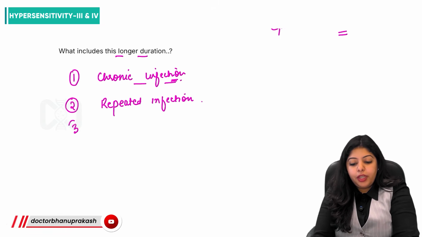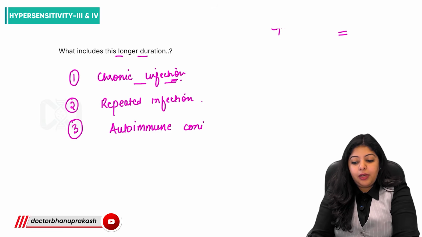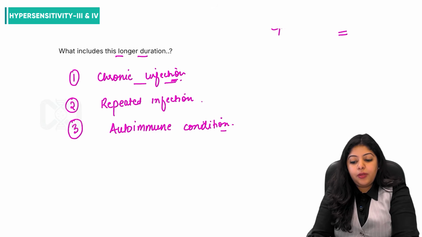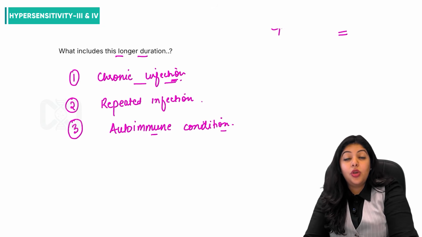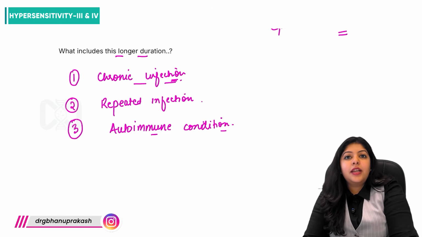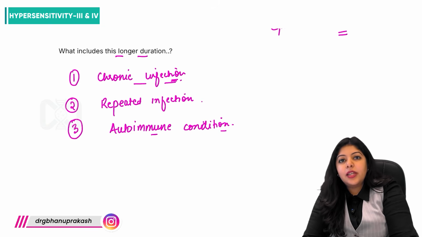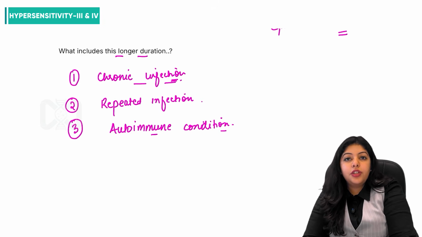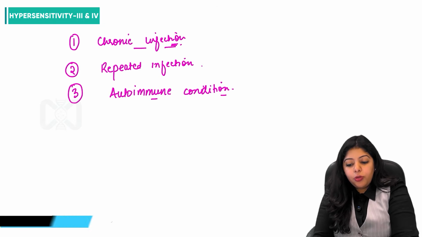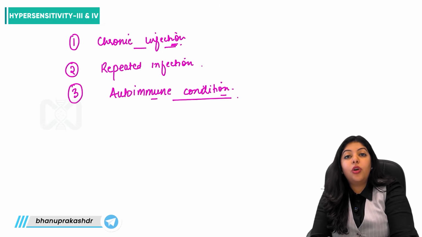And also in autoimmune conditions, where our own cells are being presented to antigen presenting cells at times, or are acting as antigens to be acted upon, these cells lead to a circle of tissue destruction, right? So in autoimmune conditions also, there is a prolonged duration of antigen-antibody complex formation, right?